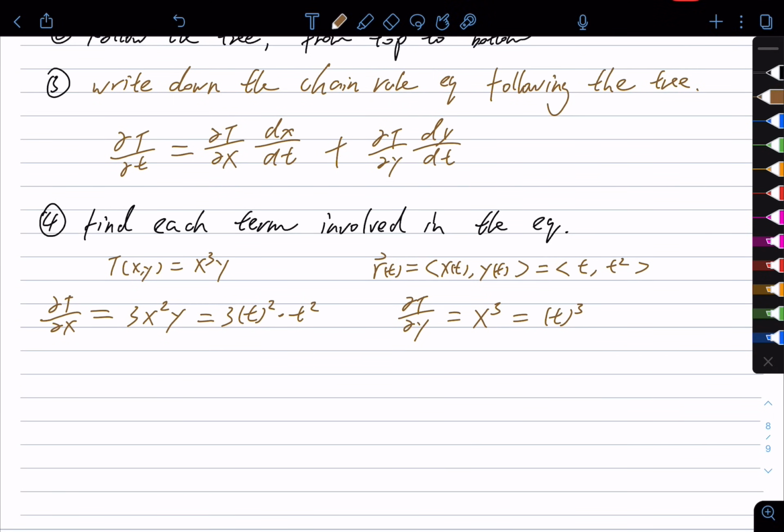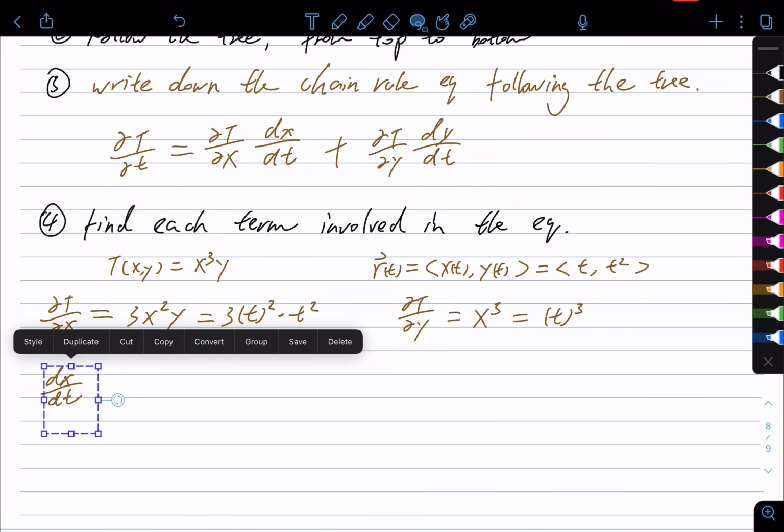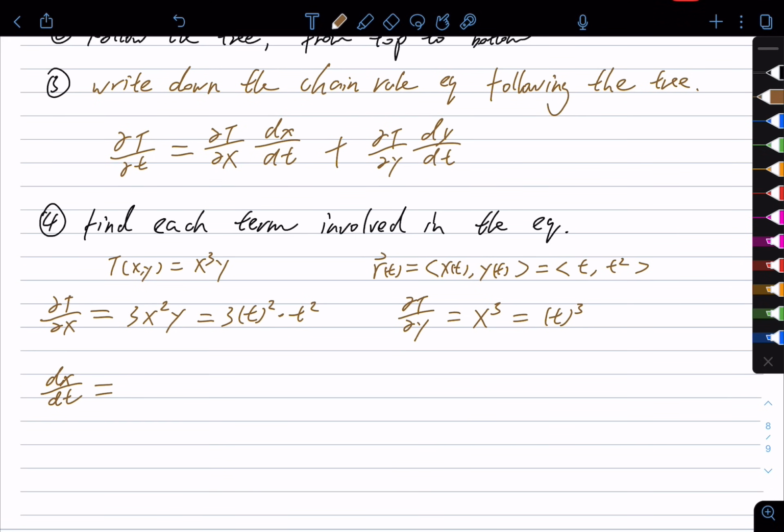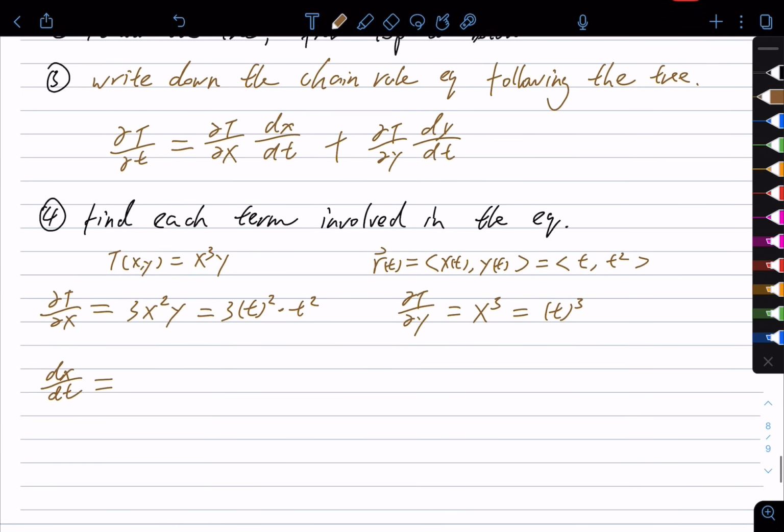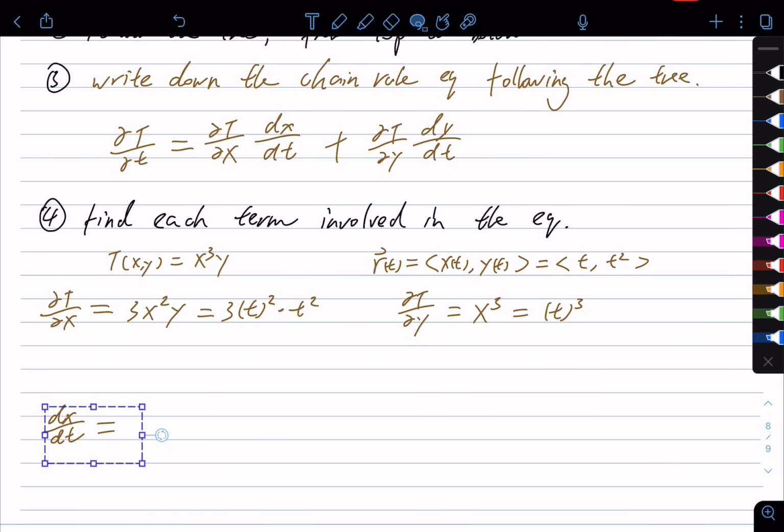So dx dt, let me just put it in a new line just to make it more clear. dx dt equals, so we're going to have 1, right? So x of t, let me just create a new line right here.